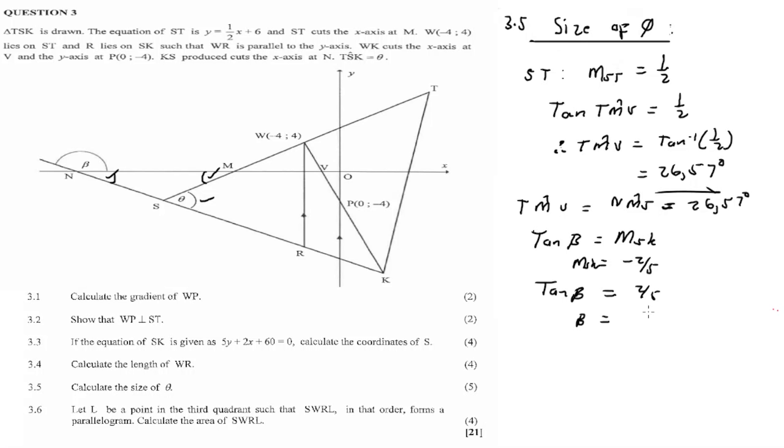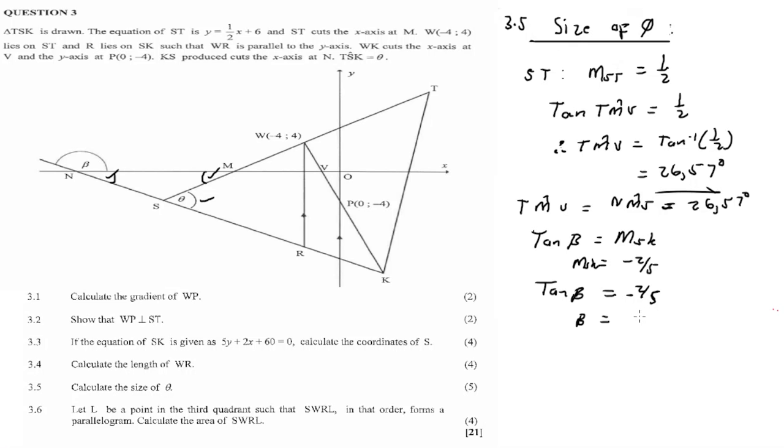Now, to calculate the angle of inclination where your gradient is negative, you must first find the reference angle, and then subtract it from 180 degrees.